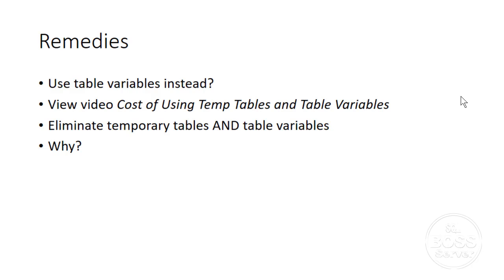Well, the quick judgment might be to use table variables instead. If you view my video, The Cost of Using Temp Tables and Table Variables, you'll see that may not be a good idea. In order to properly use temp tables and table variables for complex queries, it may require that you know a lot more about the statistical distribution of data than you wish, and you may wish to try to eliminate them entirely if you can.